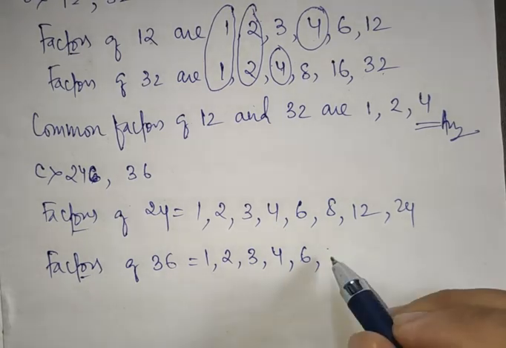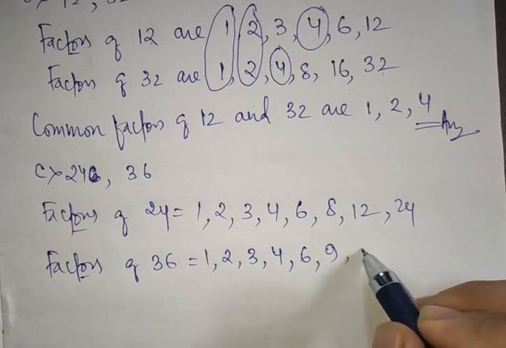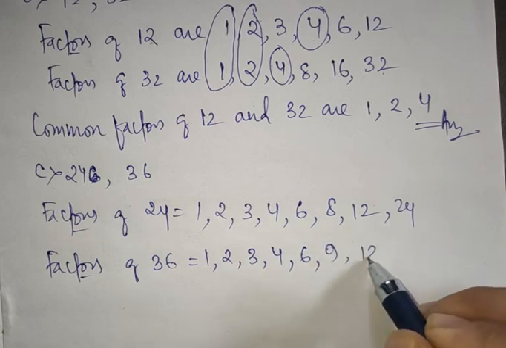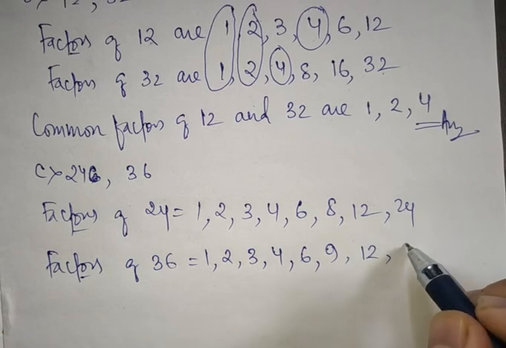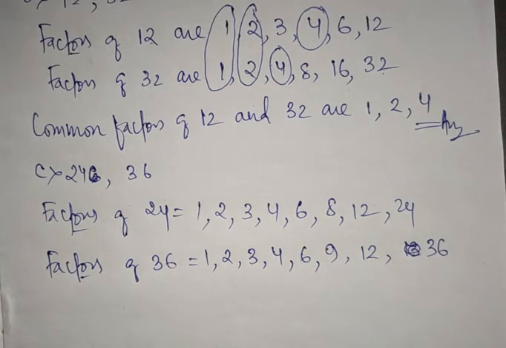Then 9 4s are 36. 10 cannot divide, 11 cannot divide, 12 can divide, 12 3s are 36. 13 and 14 cannot divide, so we will write directly 36. So these will be the factors of 36.